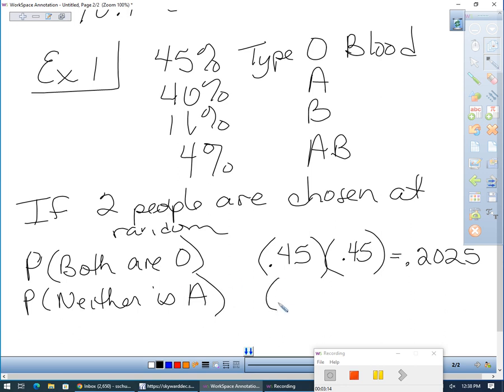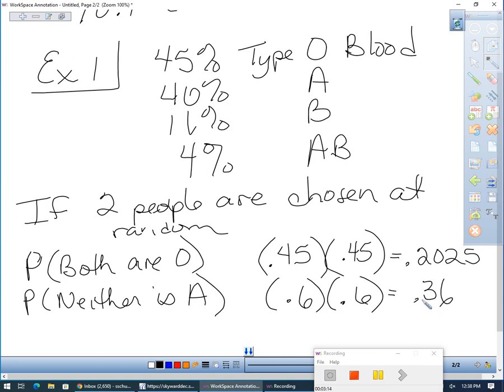Then what's the probability the first one's not A? 0.6, right? And the probability the second one's not A? 0.6. So when we multiply those, we get 0.36.